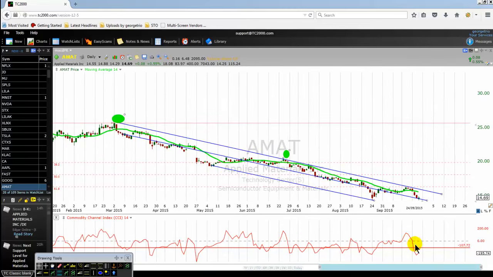If the CCI period 14 is oversold, it's also telling us that the price is at the lower bound of the Bollinger Band period 14 with a deviation of 2.